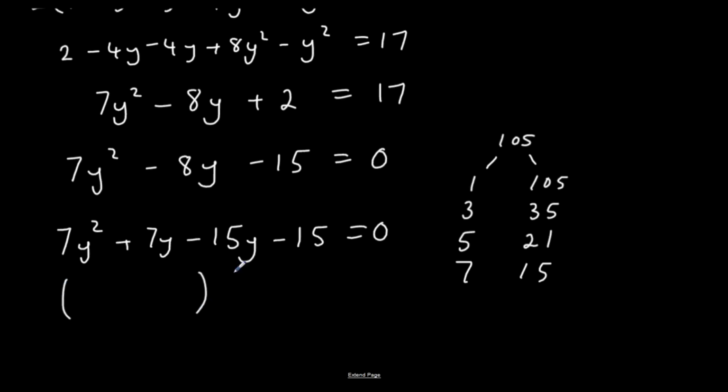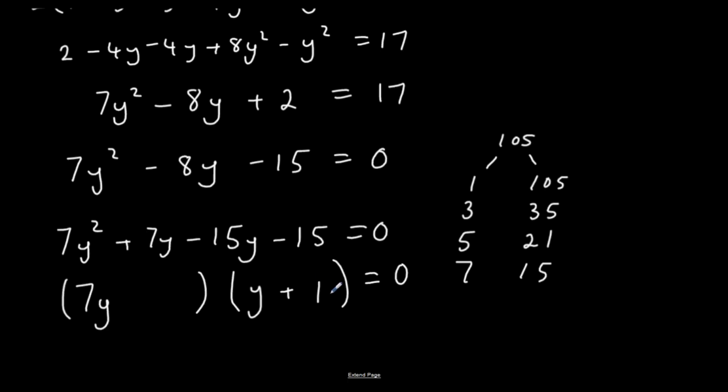And then I can go from there into double brackets. So what can I take out of the first 2 terms? What's a factor of both of them? They've both got a 7 in and a y. So 7y is my first term. 7y times something is 7y squared. That's y. 7y times something is 7y.